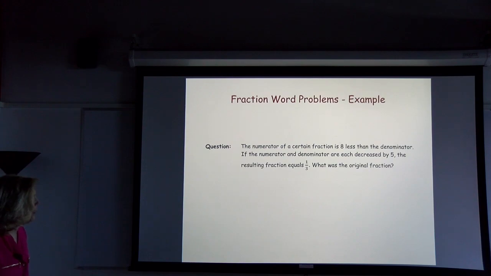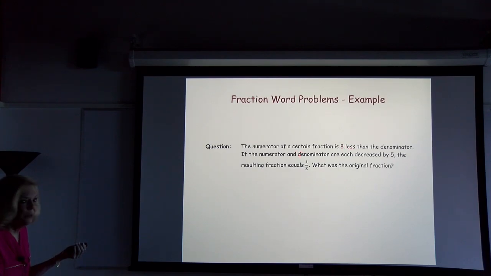So what would you let your X value stand for? What would be a good choice, numerator or denominator? Denominator, good. So if you had X for the denominator, how would you represent the numerator?